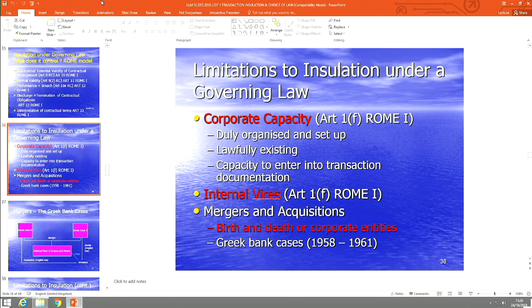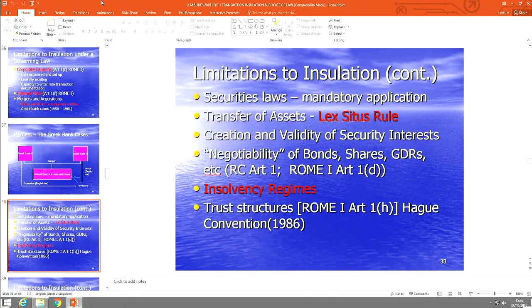The first three on that list are controlled by the law of the place of incorporation. Go one stage further, if you look at transfer of assets, it's not the expressly chosen law, it's something else. It's the lex situs of the assets, i.e. where the assets are located.